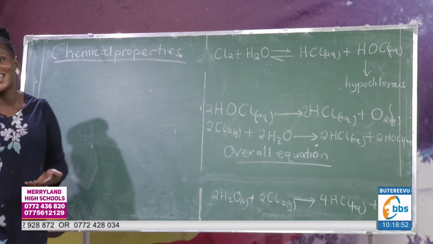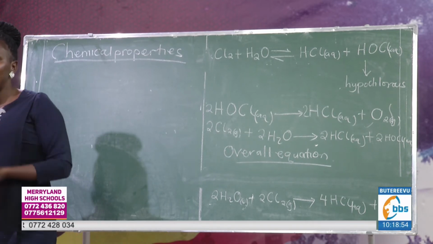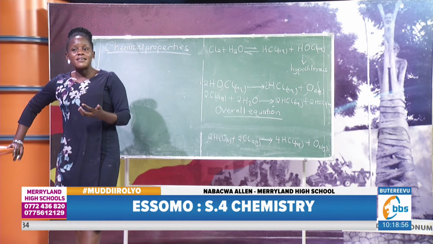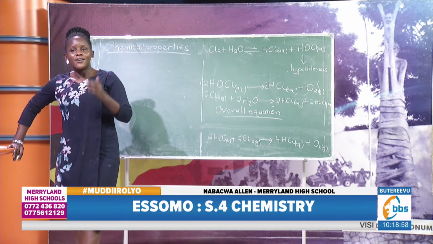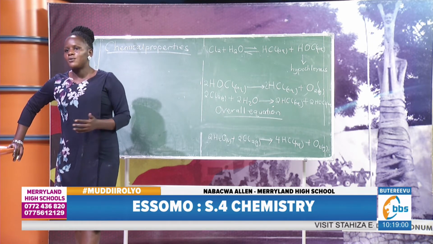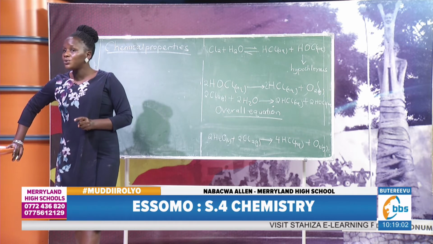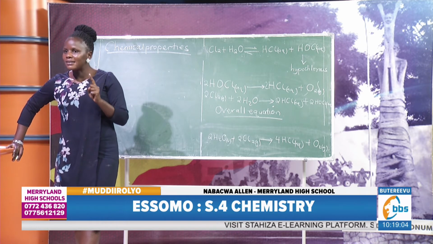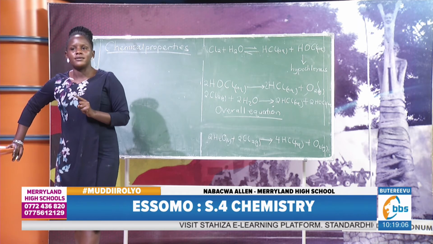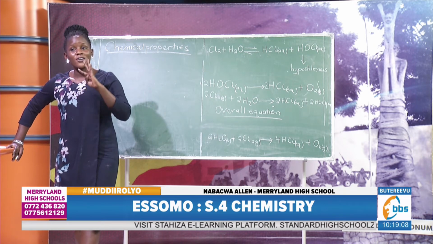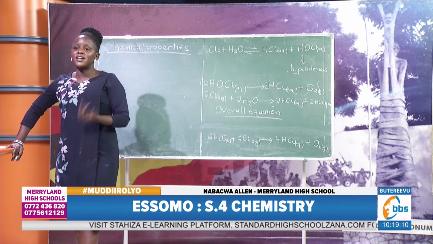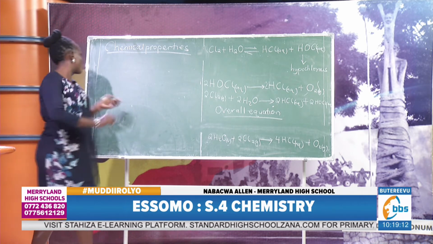Chemical reaction of chlorine. There are cases whereby chlorine is going to act as an oxidizing agent. And I told you for you to understand this part very well, you must know what oxidation is and what reduction is.